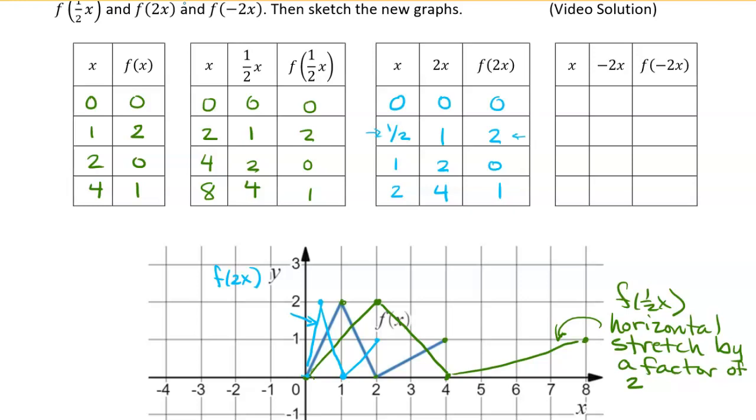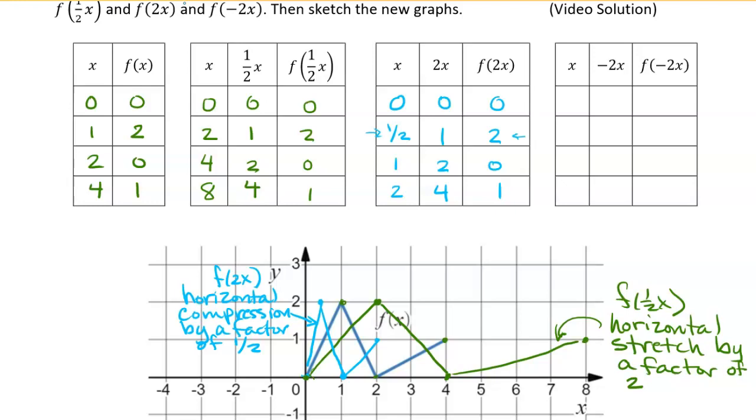So we call this a horizontal compression by a factor of 1/2. All right. So again, a little counterintuitive, but hopefully you can see why that is.